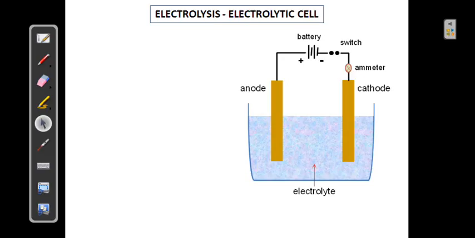If you look at this figure here, you will see a cell called the electrolytic cell. The reason why I'm showing you this is because I want you to look at this diagram thoroughly and observe the settings, the items used, the electrodes used, the electrical circuit, the electrolytes, and so on.